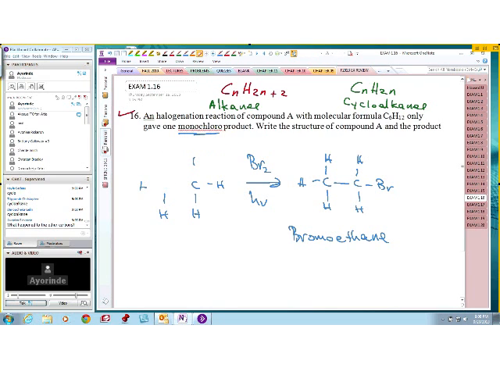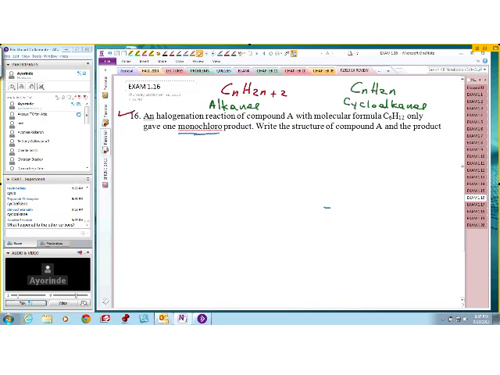Supposing I have this. I need your help on this one here. And I do this, chlorine. Can anybody tell me how many chemically equivalent hydrogens we have in this molecule? Just give me a number.